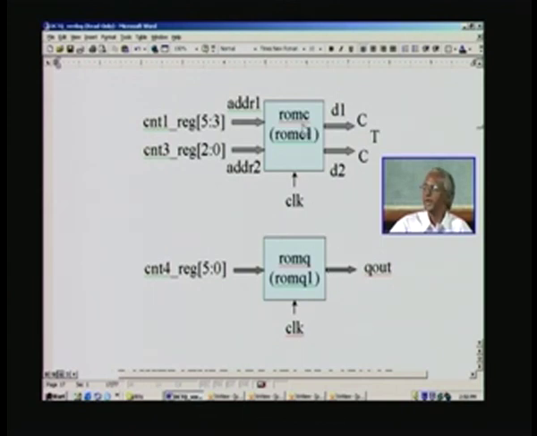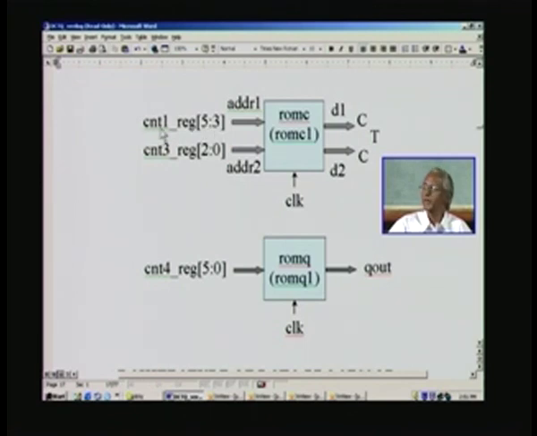In fact we have seen the design of both the ROMs earlier, and we pointed out it is the inverse quantization which we are storing there, and that is precisely what we are seeing here. And for this, once again, you remember that there were two addresses. One address is derived from counter 1, and the other, note, is derived from the MSB of the same counter 1.